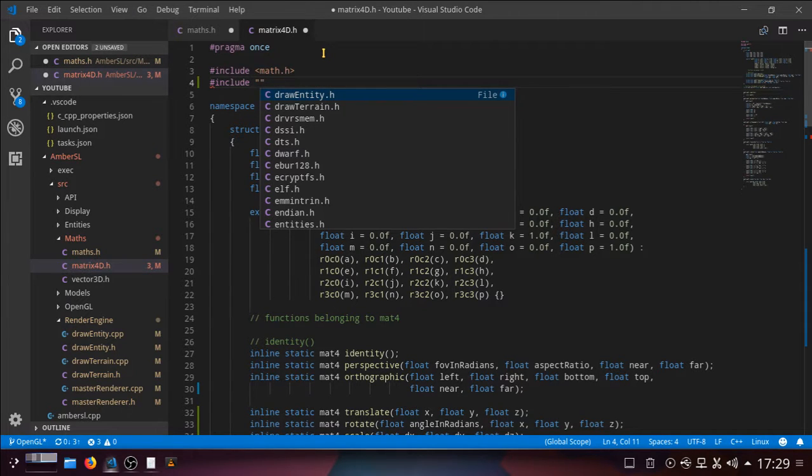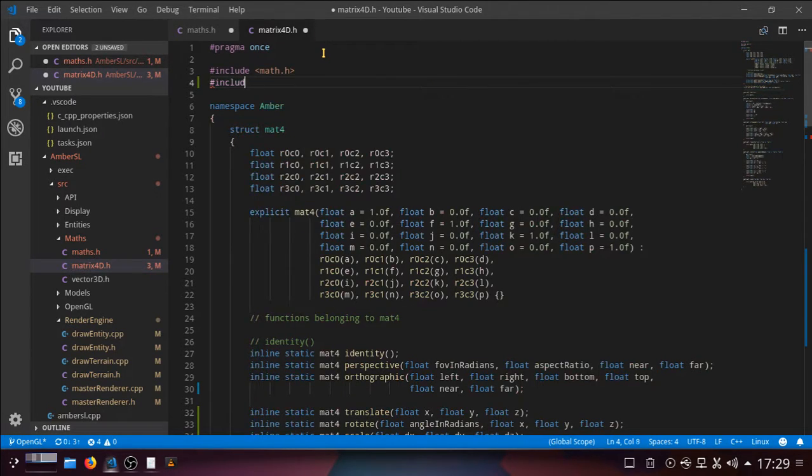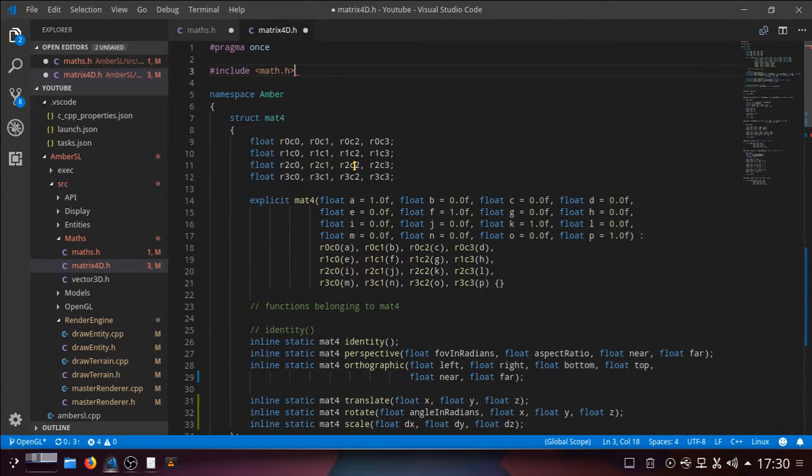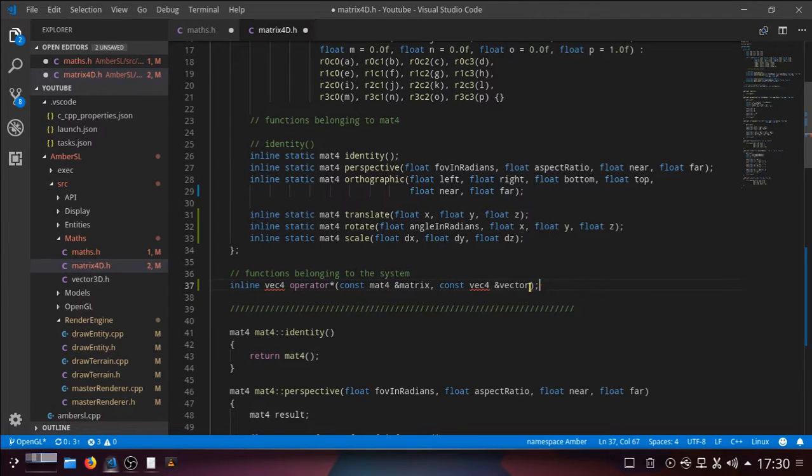I don't want that. Vector 4. I'm not doing it. We're not using vec4s. No. Alter this at a different time when we actually start using vector 4s. Better idea. So instead, we just do the inline mat4.